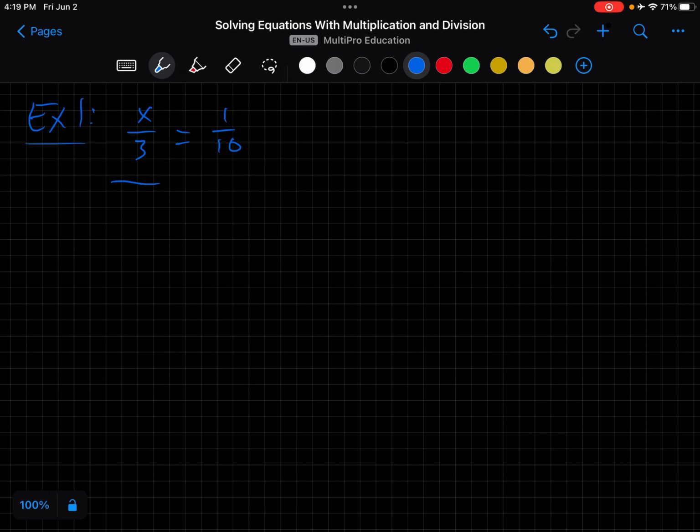So what is the inverse of 1/3? That's 3 over 1, or just 3. So what we have to do then is multiply each side by 3. So we have 3 times x over 3 is equal to 3 times 1 over 10. So when we do that, these two cancel, and then we're just left with x is equal to 3 over 10.